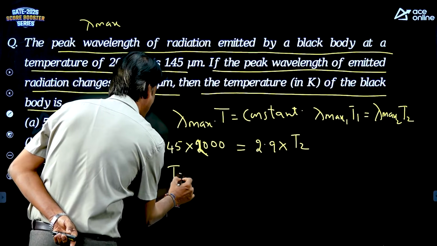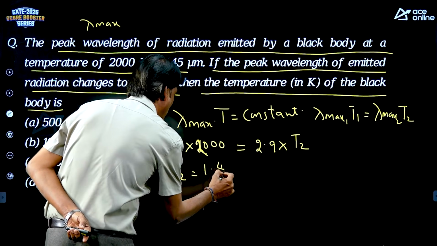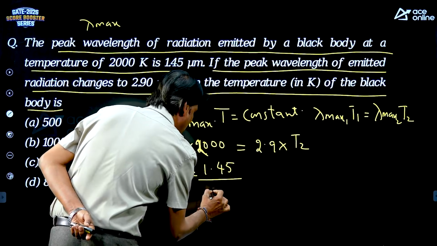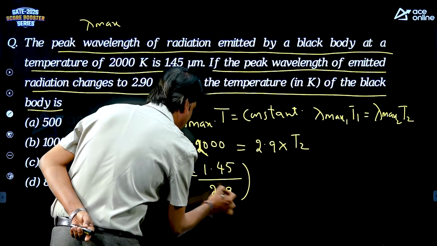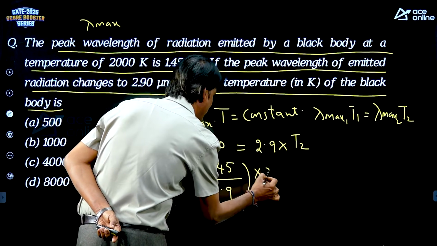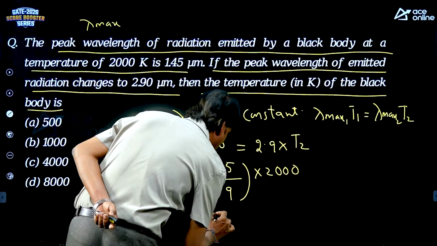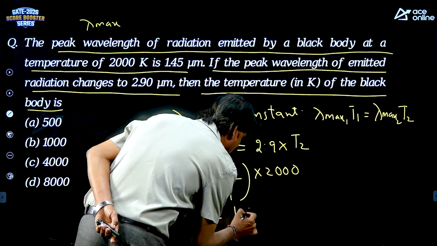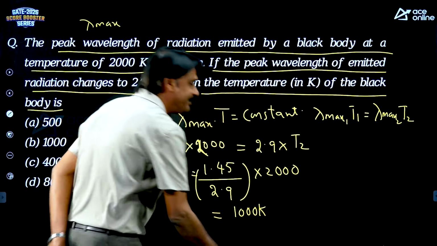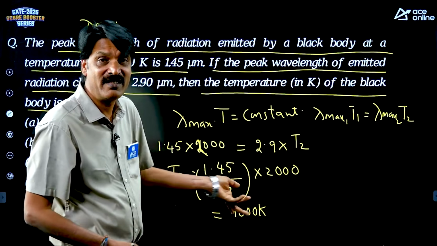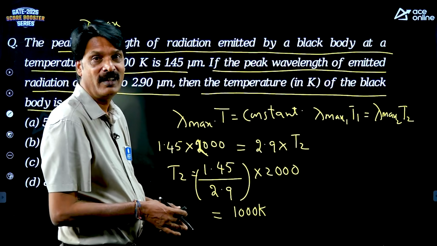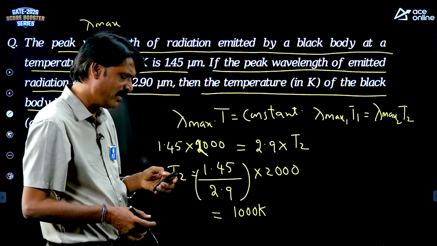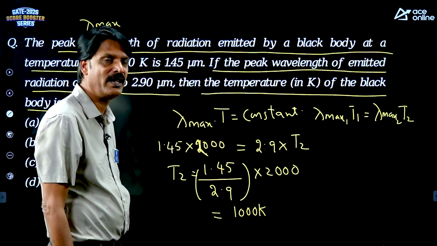So, T2 is equal to 1.45 divided by 2.9 into 2000, this is half, 2000 by half is 1000 Kelvin. Wien's displacement law. I'm telling you, Wien's displacement law is such an important question.